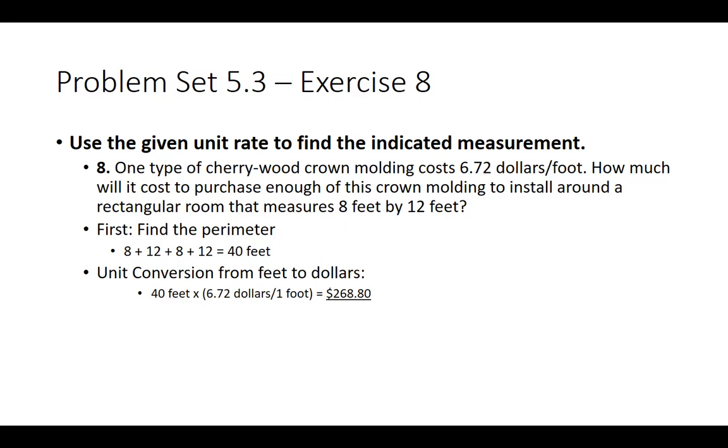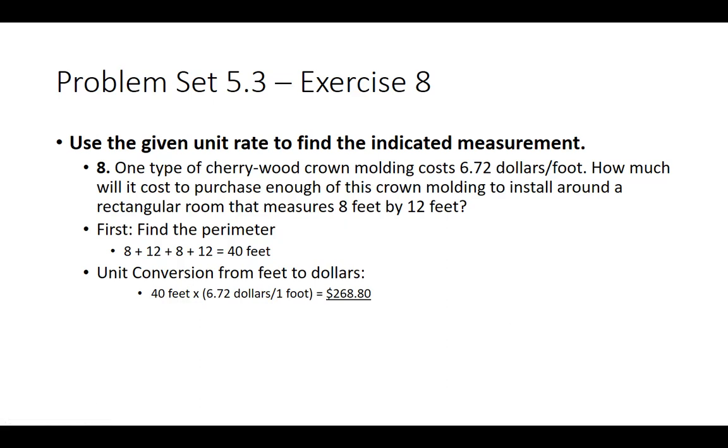So we know the room measures 8 feet by 12 feet. We need to find the perimeter. 8 plus 12 plus 8 plus 12 gives us 40 feet that we need to cover.